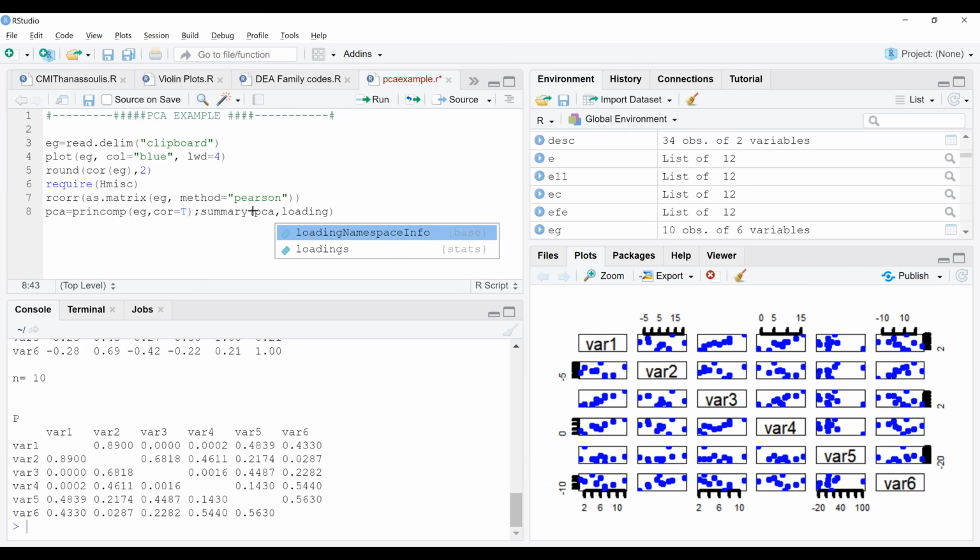Remember the last time we were talking about loadings. Type loadings equal to TRUE or T, and that's it. This command is going to give you everything you need about the principal components result.